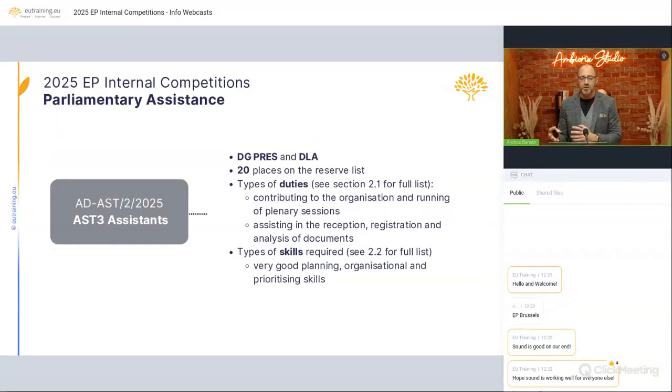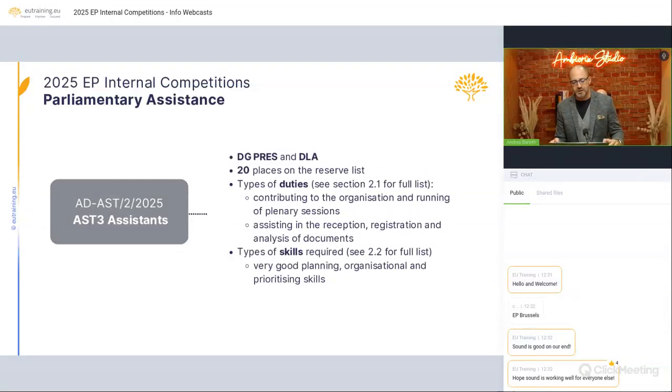And then there's the third one, which is for the DG presidency and the Directorate for Legislative Affairs, so the DLA, where it's an AST3 level job ultimately, and the competition for it is on that level. So you have 20 places on the reserve list, where the types of duties are a bit more diverse, as these 2 directorates in the Parliament deal with these topics.